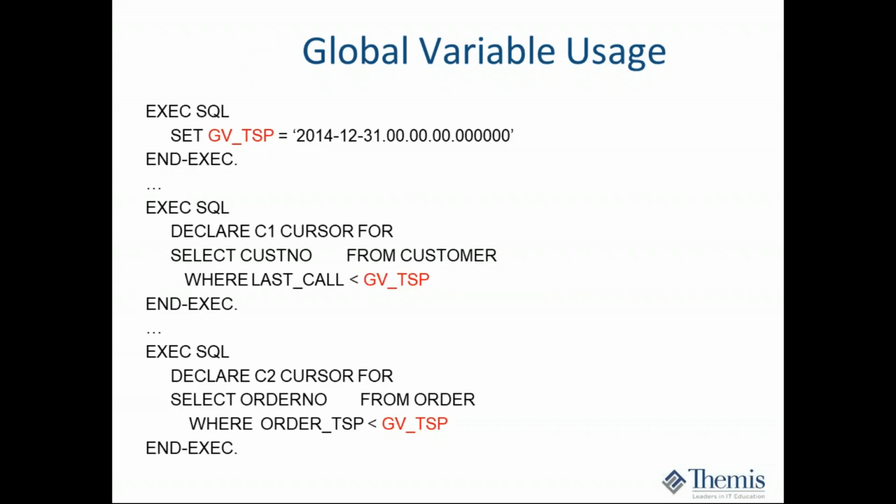This is really good. You set the global variable in one of your programs, and all the other programs that are part of that unit of work can now get to that value and use it. This is great, especially for stored procedures. If I need to pass it something else, typically I have to add another parameter to the stored procedure.